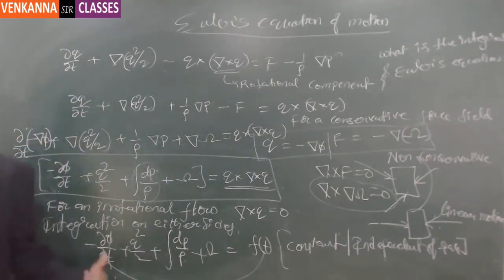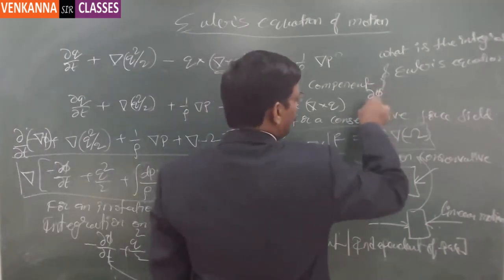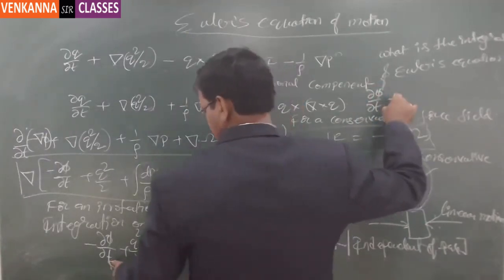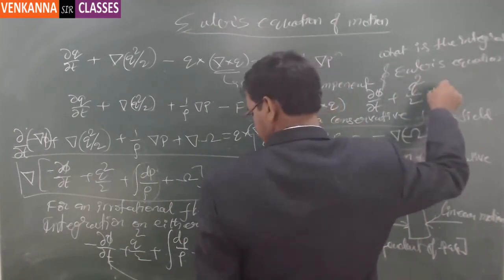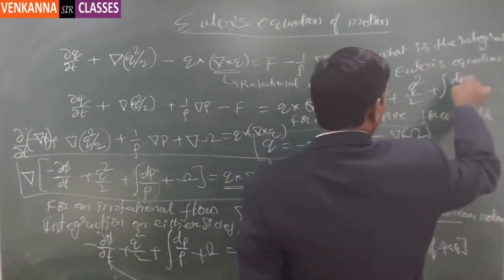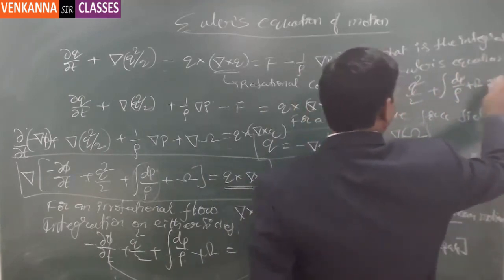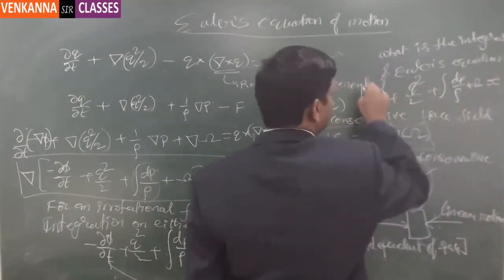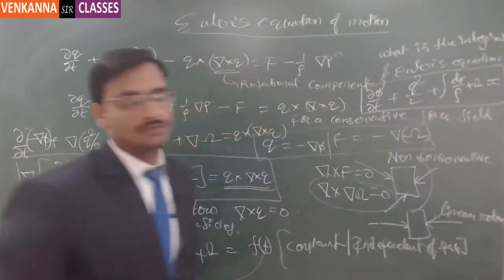Now both are functions of time. So if phi can accommodate this f of t, then you can straight away write dou phi by dou t plus q square by 2 plus integral dp by rho plus omega is equal to constant. And this is the equation of motion for an irrotational unsteady flow.